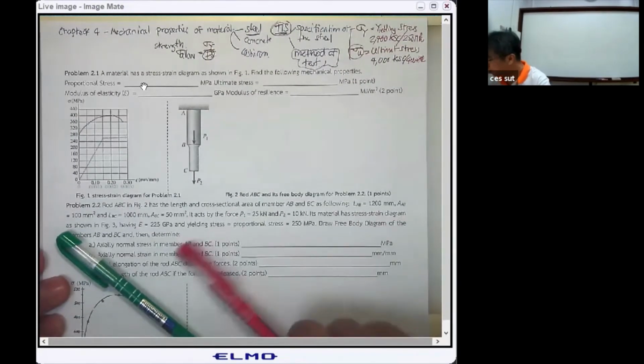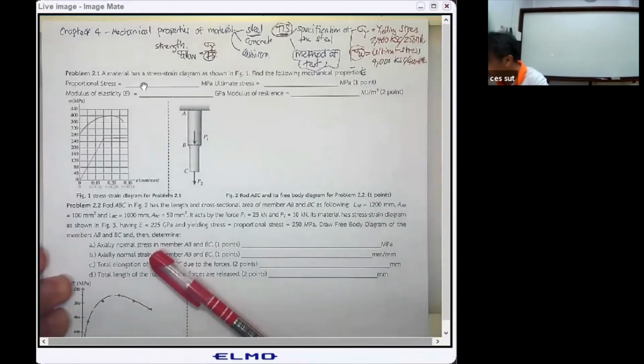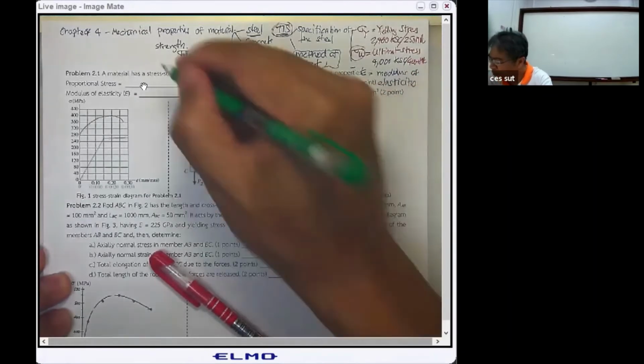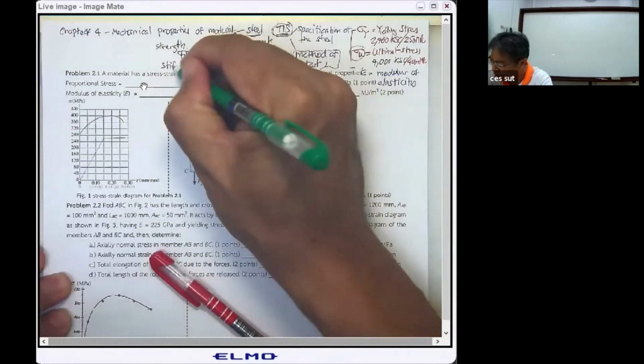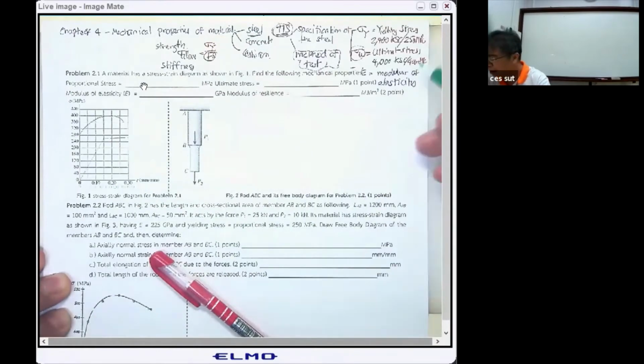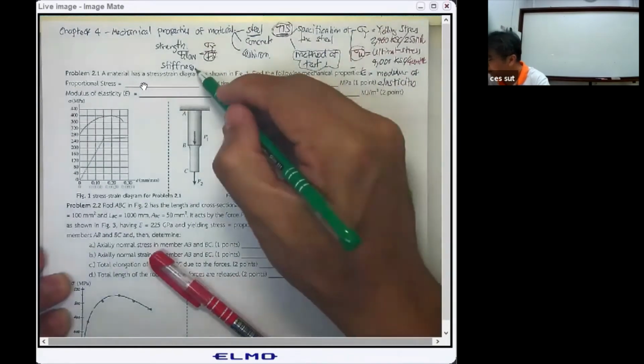And next, you want to consider E, which is the modulus of elasticity of the steel. The modulus of elasticity of steel represents the stiffness. The higher the modulus of elasticity, the stiffer the material is going to be.